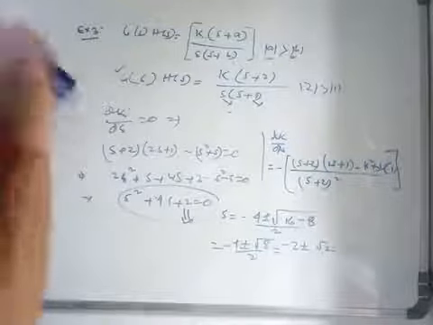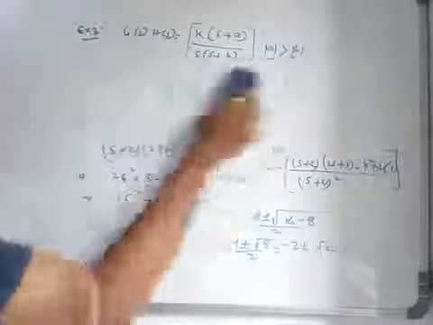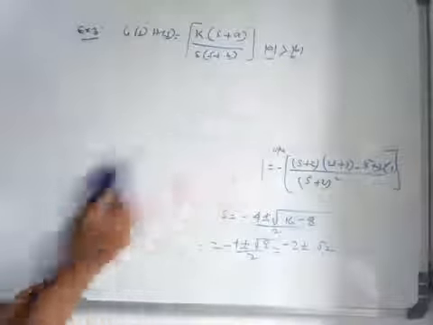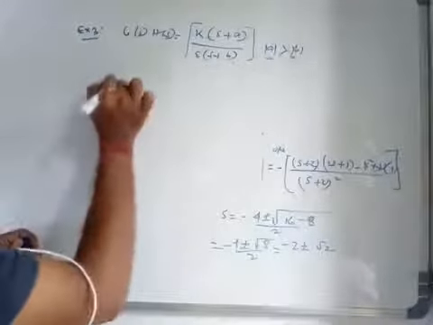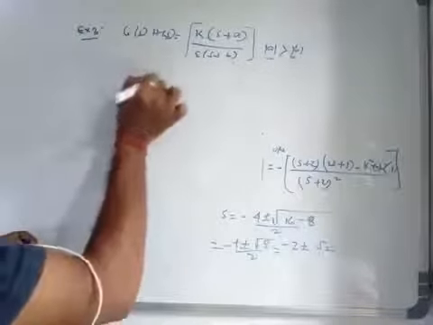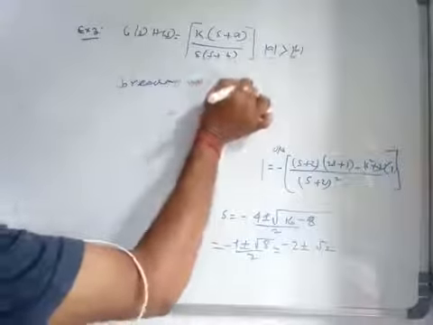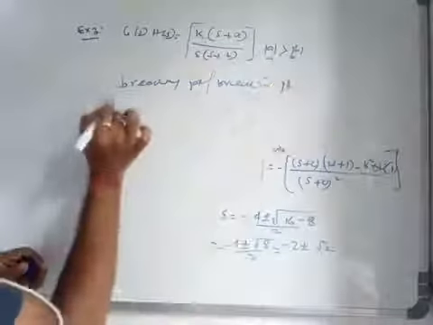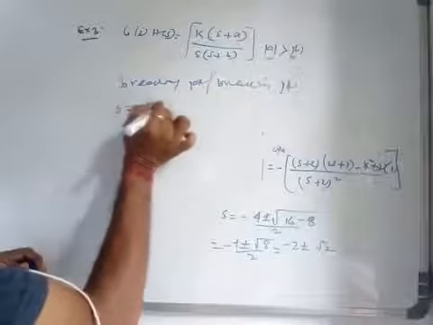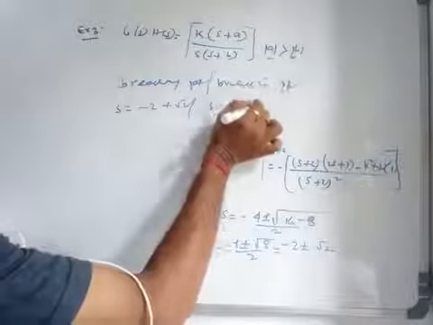So what are the two values we are getting? I will rewrite this structure here to analyze this problem. That means the breakaway point, or we may call it the break-in point. s is equal to minus 2 plus root 2, and s is equal to minus 2 minus root 2.